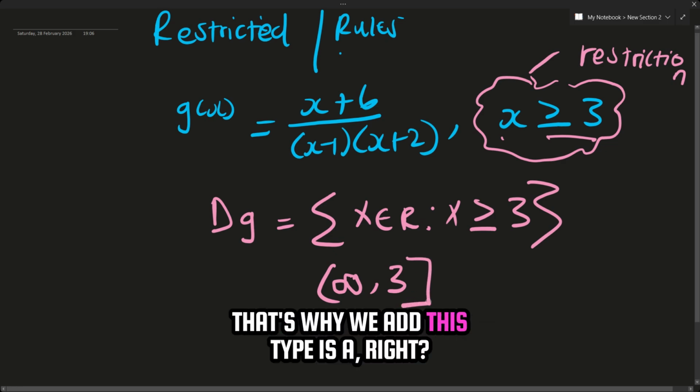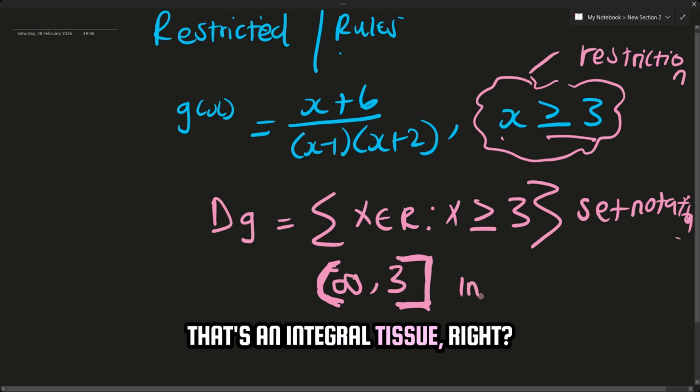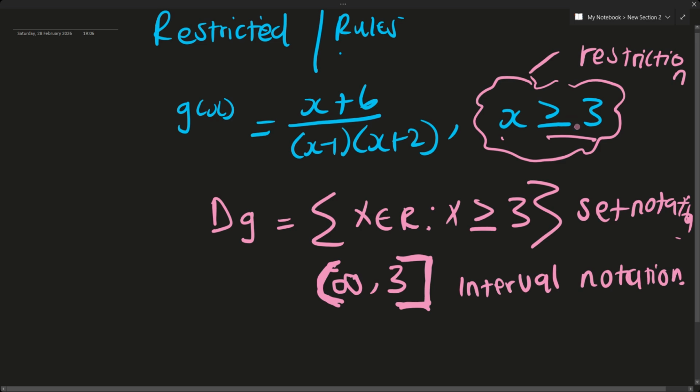That's why we have this type of bracket. That's a set notation, and then that's an interval notation.